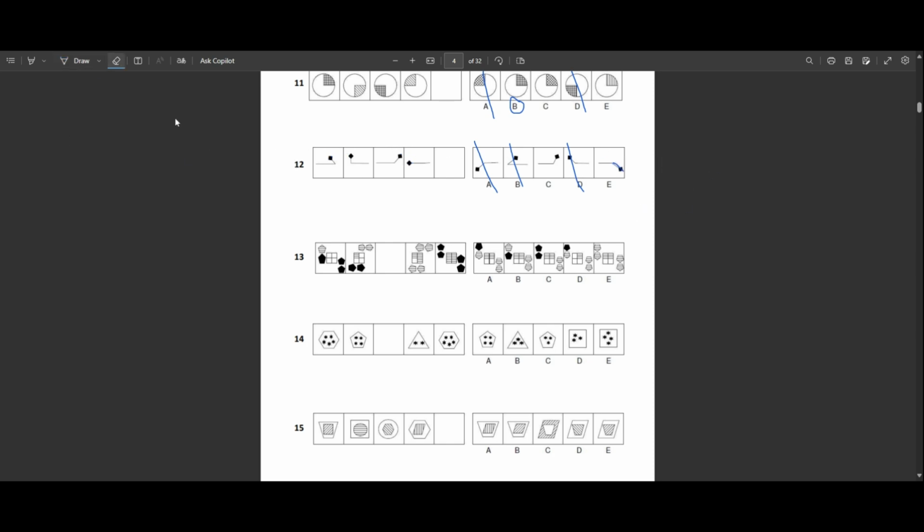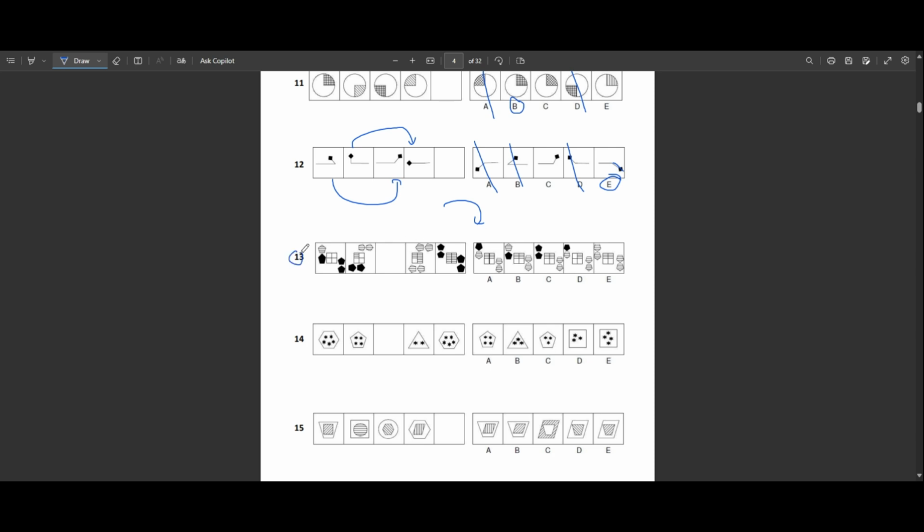So it's a bit confusing, but if you imagine this way, it's moving further clockwise, whereas from the boxes on the left, it's moving anti-clockwise. Okay. So if it's going to be clockwise, it's going to be option E.